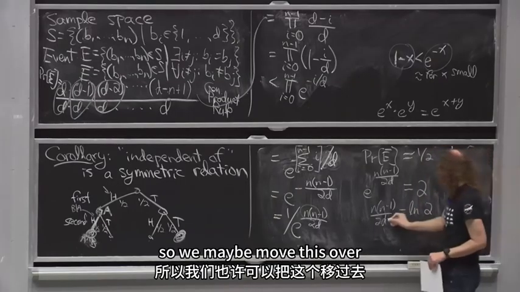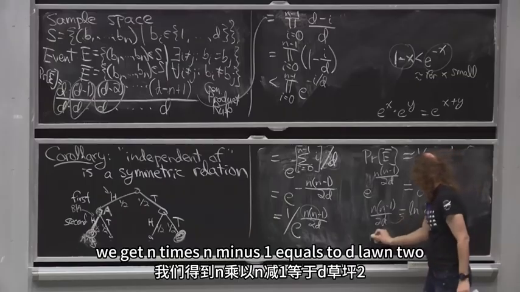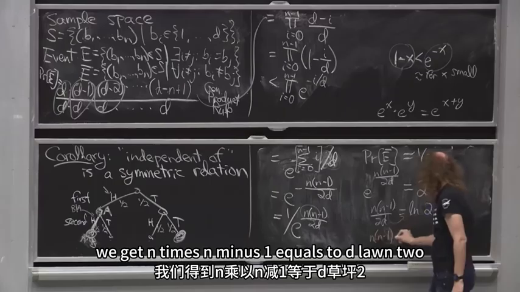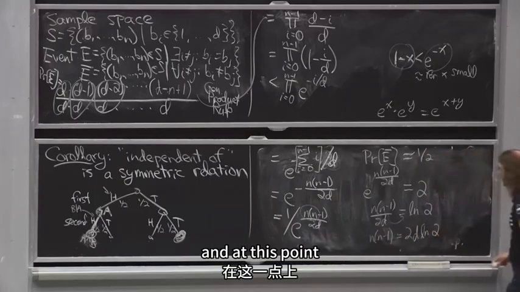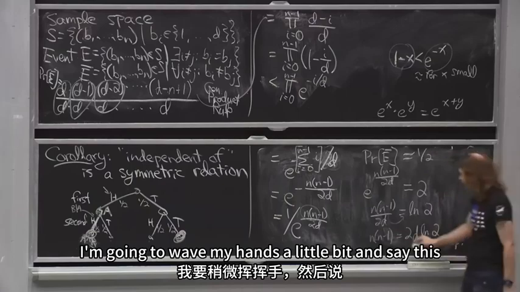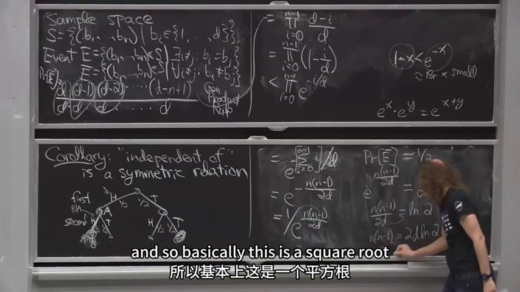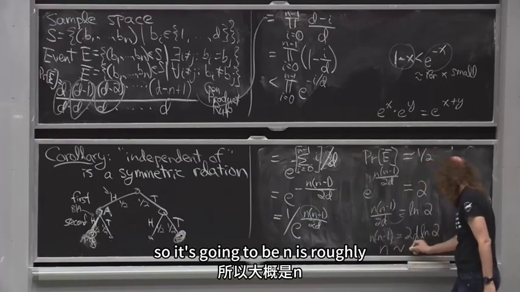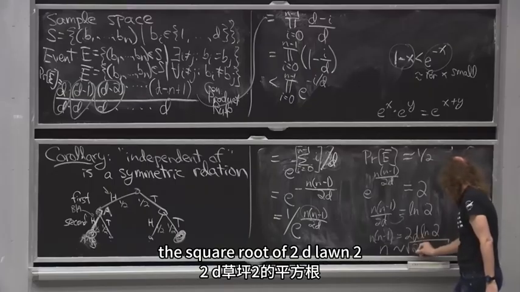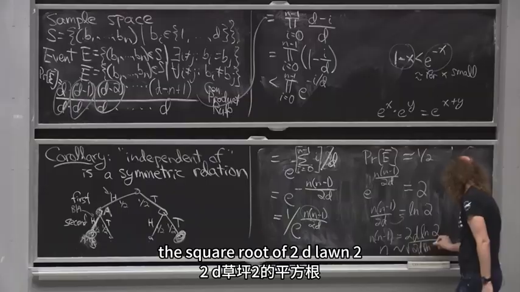So we maybe move this over. We get n times n minus 1 equals 2d ln 2. And at this point, I'm going to wave my hands a little bit and say this minus 1 doesn't matter too much. And so basically, this is a square root. So it's going to be n is roughly the square root of 2d ln 2.